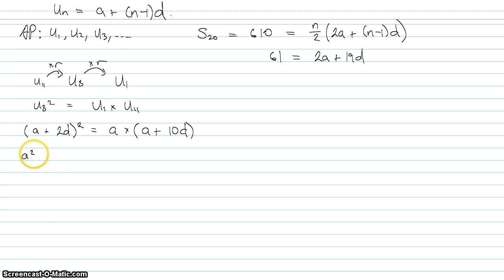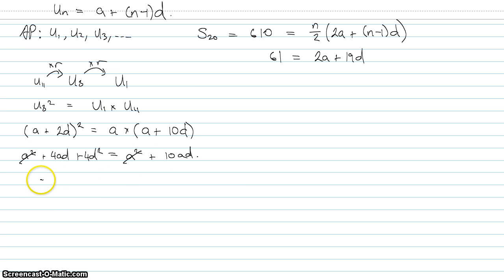That gives us a squared plus 4ad plus 4d squared is equal to a squared plus 10ad. Good, the a squareds are going to cancel off. What am I left with?